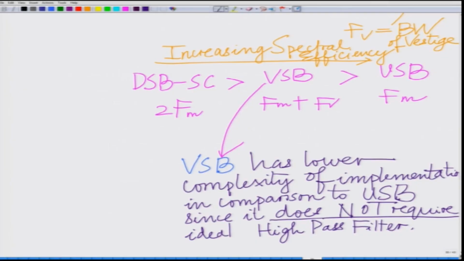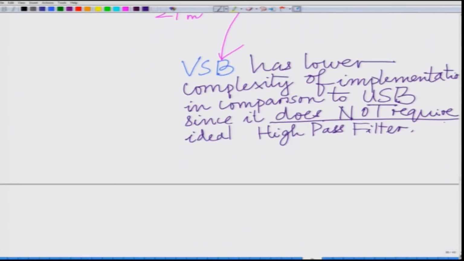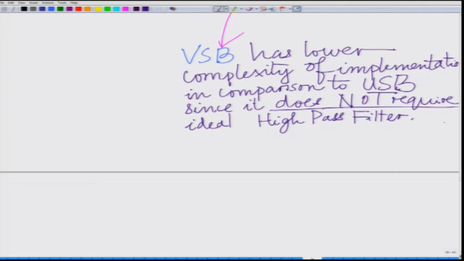Okay. So, that is the first point. Now, the other thing that we have to talk about is basically this is your vestigial sideband modulation. Because of the slightly larger bandwidth, it has slightly lower spectral efficiency compared to upper sideband modulation, but it has a lower implementation complexity.